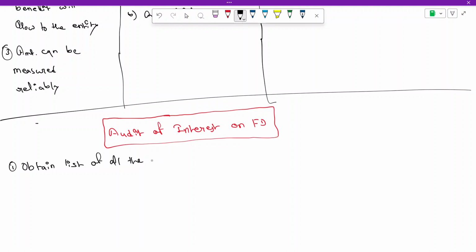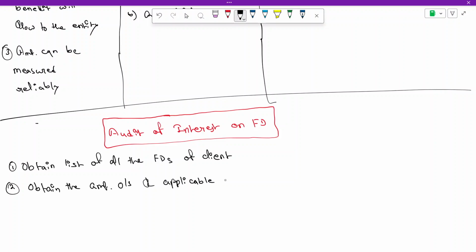Obtain list of all the FDs of client. Second will be obtain the amount outstanding and applicable interest rate.